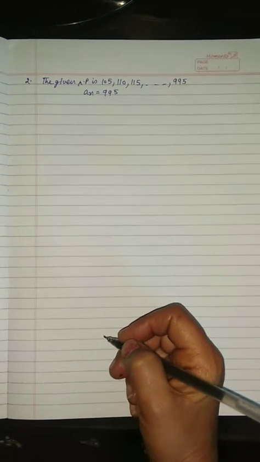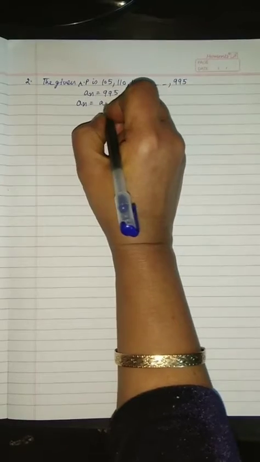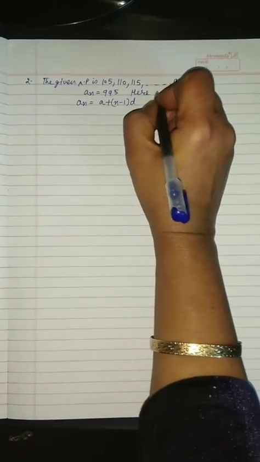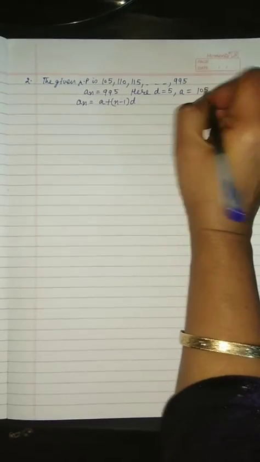Now if we want to find the sum, then first of all we should know how many total terms are there in this series. So we will write an is equal to a plus (n minus 1)d. Here d, the difference, is 5 and a, the first term, is 105.